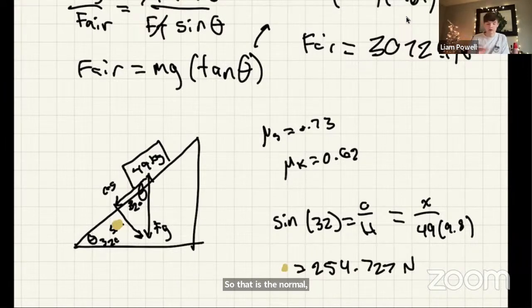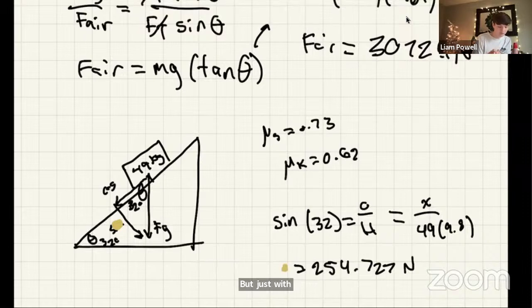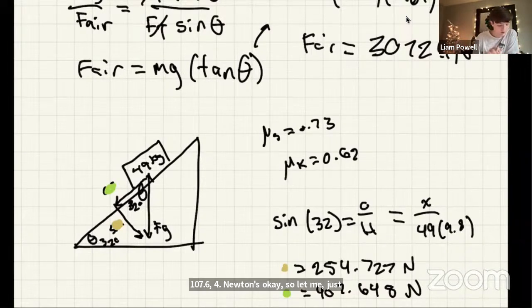And then we can really quickly find the cosine, which is that same thing, but just with cosine. That's 407.648 newtons. Okay, let me just check something really quickly.